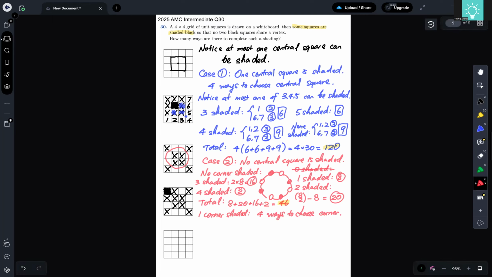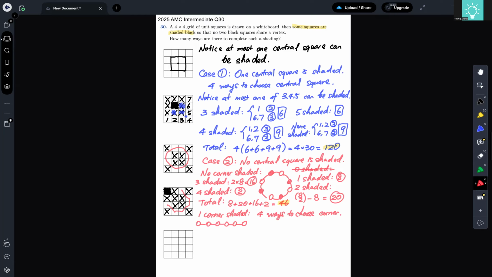What are we left with? Again, this is just a subset of that ring, right? Our 6 remaining squares that we can choose whether or not to shade, they sort of form a line. So I can shade just any of these I can shade or not shade.